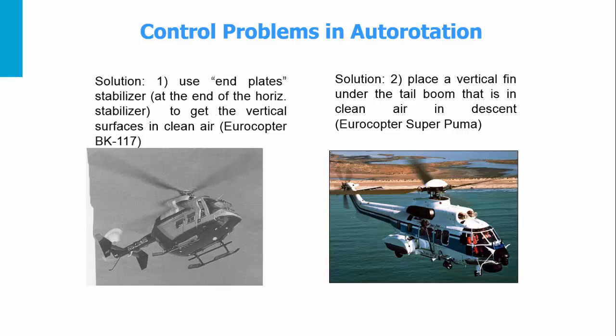So at the end of the horizontal stabilizer, two plates have been put there to get the vertical surfaces in clean air in autorotation. Another solution is to place a vertical fin under the tail boom, and in this way the air is clean in descent. This was done for the Eurocopter Super Puma.